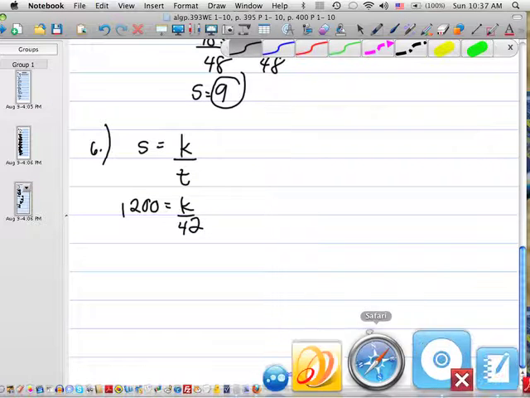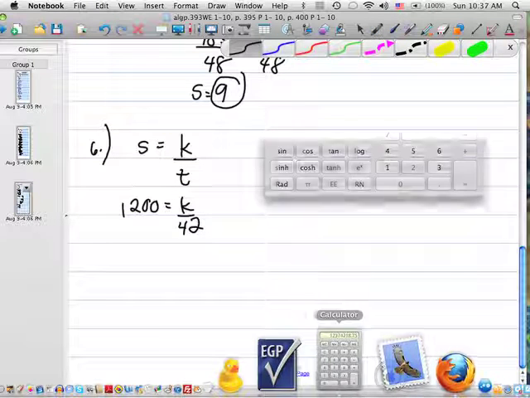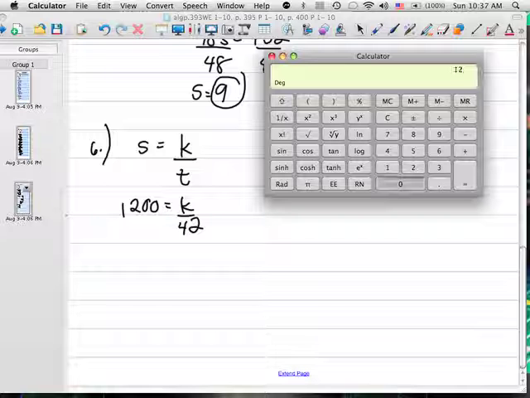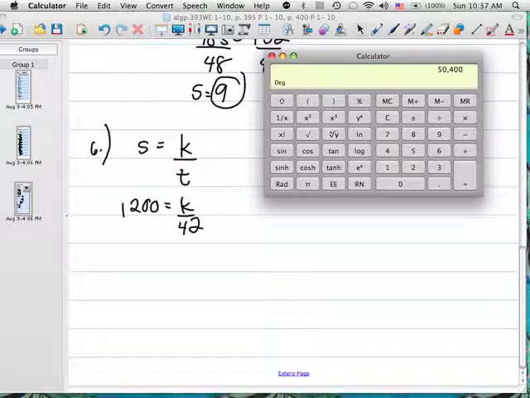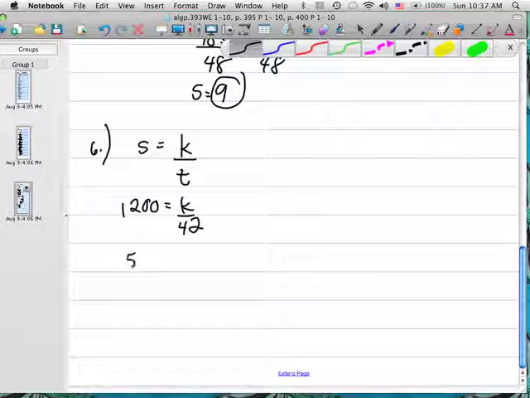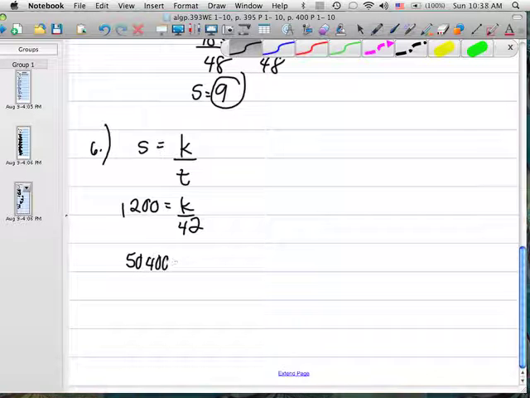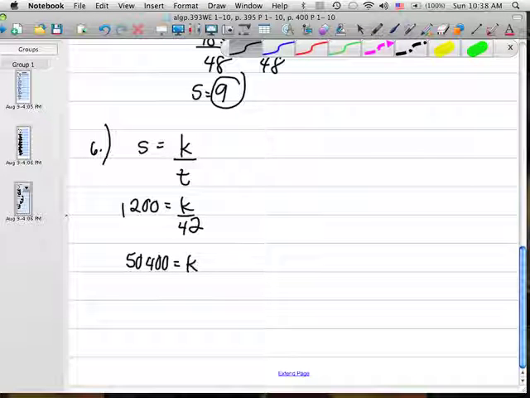So we take 1,200 times 42, and we get 50,400. So now we want to know the speed of the second gear.